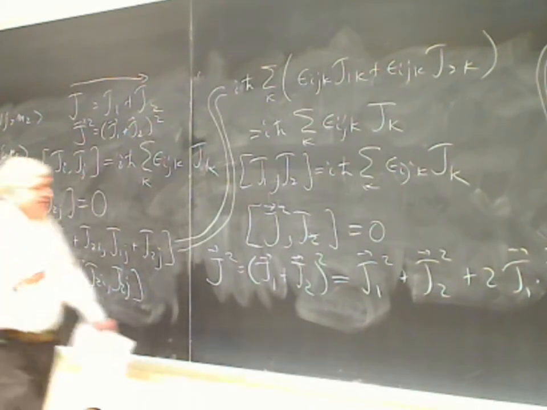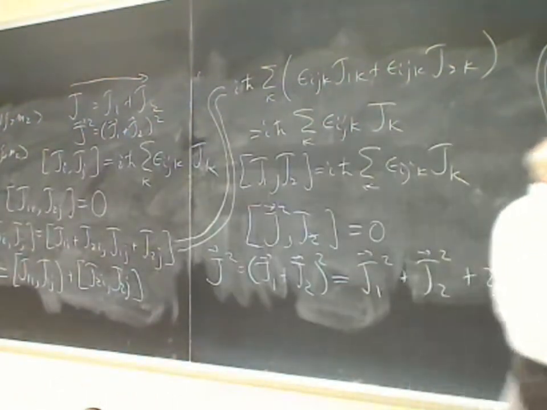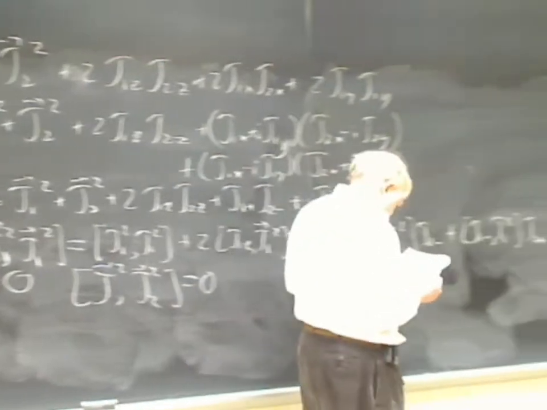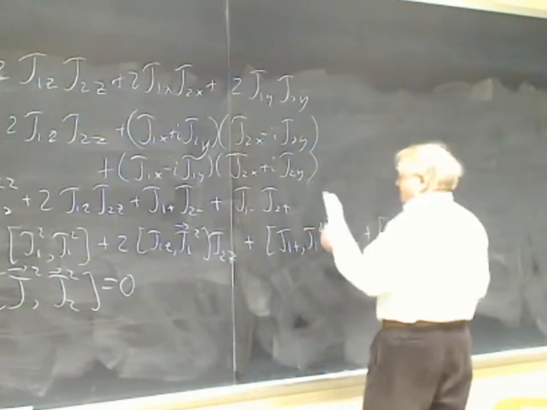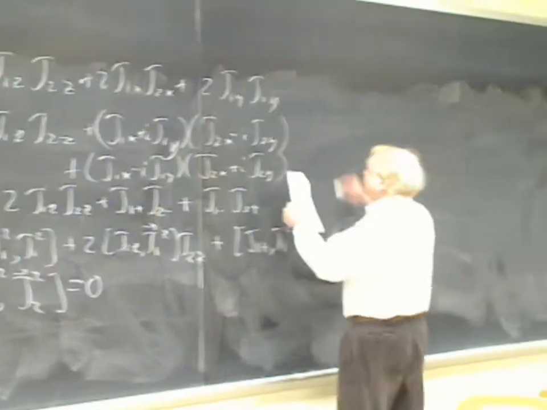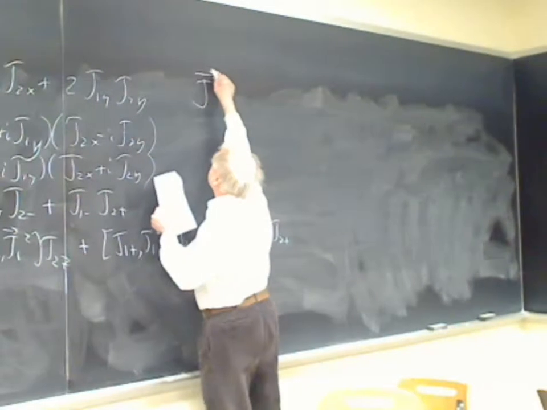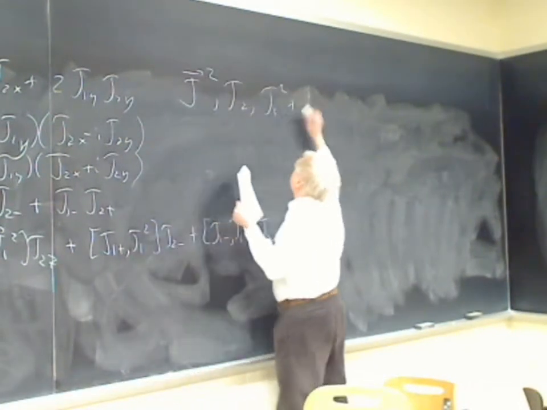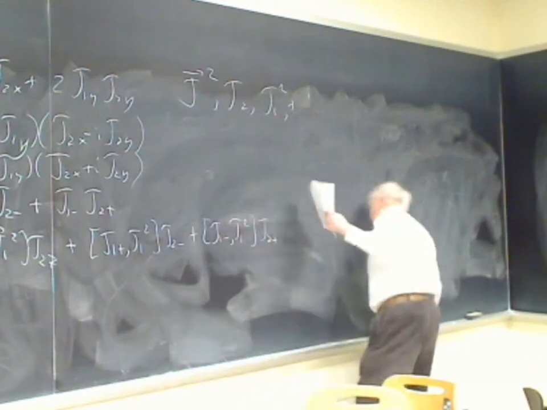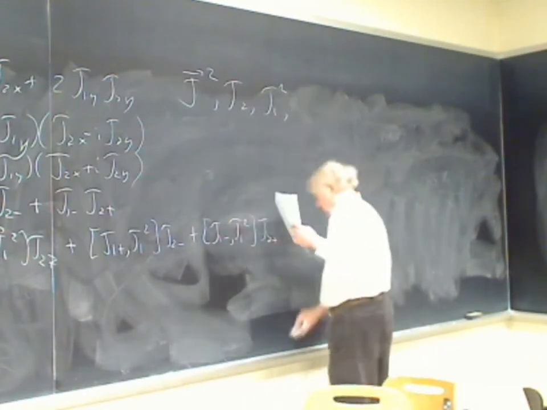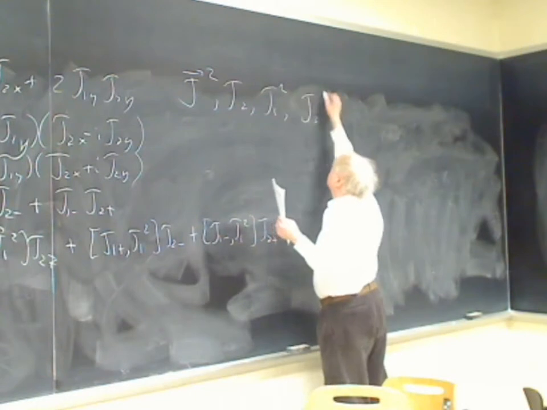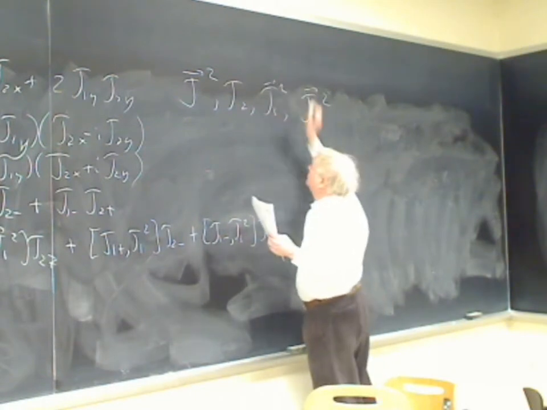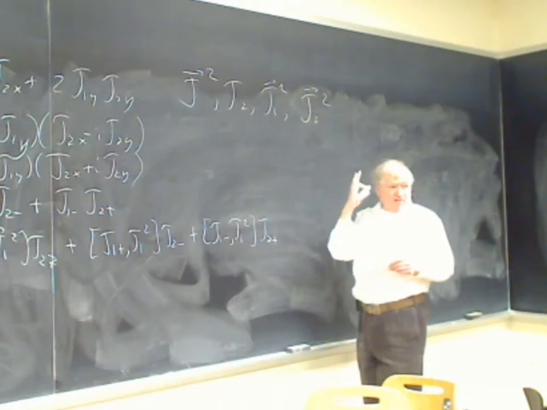And now we found that J1 squared and J2 squared also commute with J squared. And so now we have 4 commuting observables: J squared, JZ, J1 squared, and J2 squared. So these are 4 observables that all commute with each other.